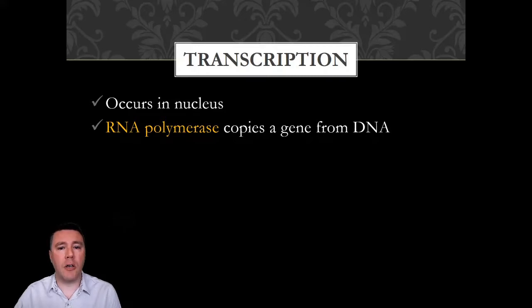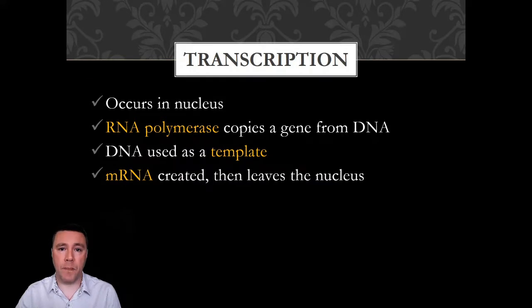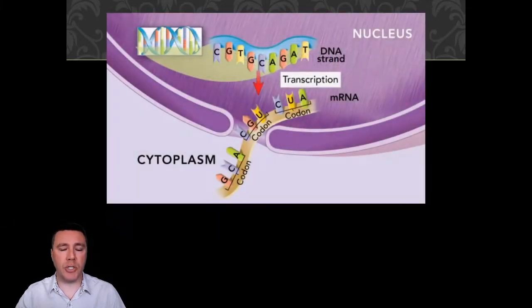And it does this by using information from DNA as a template. And it matches up the base pairs, creating a molecule called messenger RNA. Now, once that messenger RNA molecule is created, it can then leave the nucleus and go on to the second step called translation.